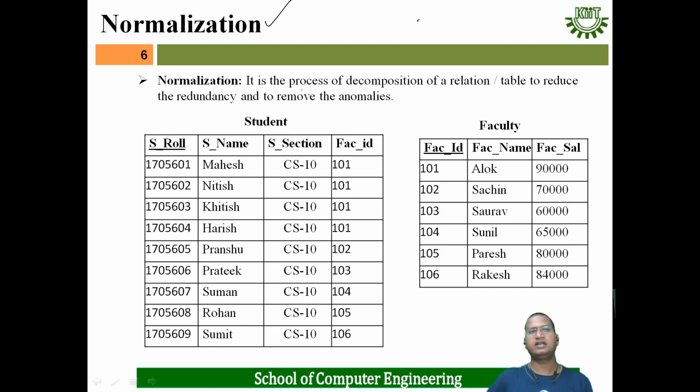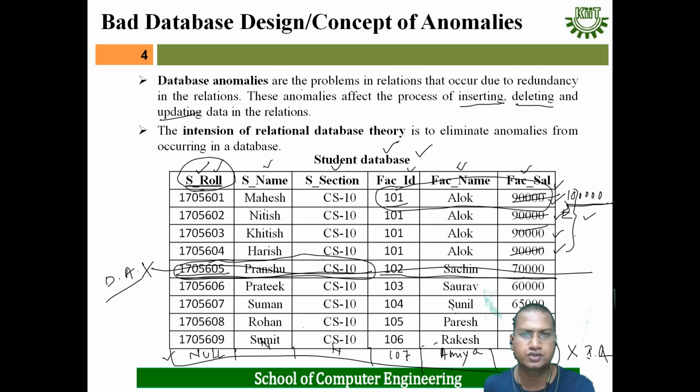But in this chapter, only the definition we will see. Normalization is the process of decomposition of a relation or table to reduce the redundancy and to remove the anomalies. That means suppose here a student table is there, here anomalies are present, and here redundancy is present.